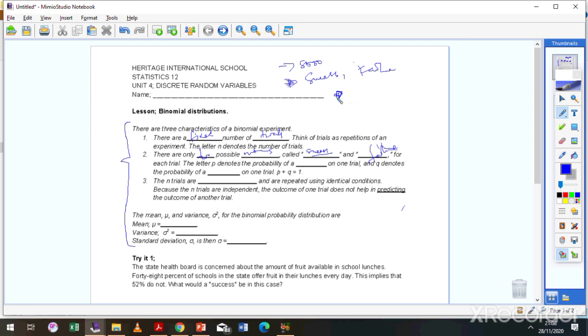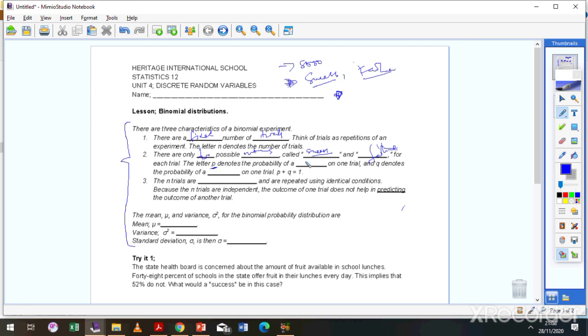If I pick a random sample of 40 days in a year, and I'm trying to represent the probability distribution function that Shannon is going to school, a success is Shannon going to school. A failure is Shannon does not go to school. She could go somewhere else, she could stay at home, but the success is going to school, the failure is not going to school. So that's a binomial distribution: two fixed outcomes, a success and a failure.